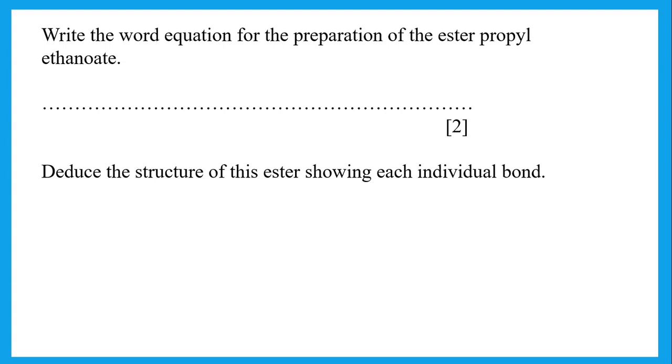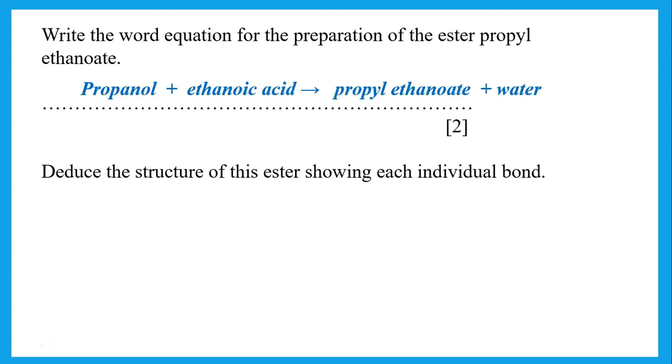Write the word equation for preparation of the ester propyl ethanoate. So I want to make propyl ethanoate. Which acid and which alcohol? Propanol and ethanoic acid would give propyl ethanoate plus water.